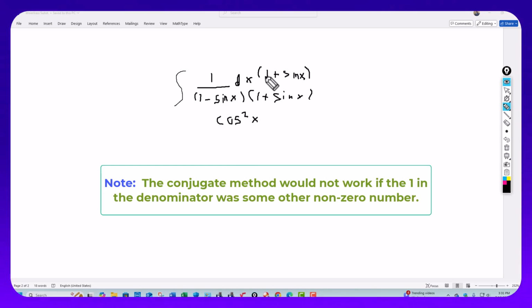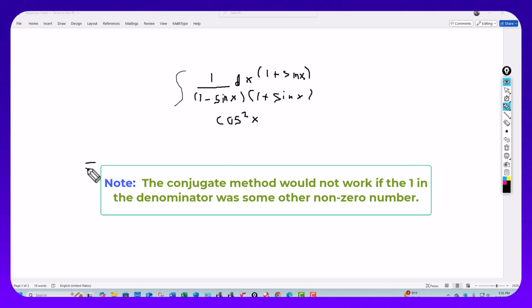Then I would just divide the 1 plus sine of x by each term by cosine squared x. And I actually did this integral in one of the videos that I did a few weeks or maybe months ago. That's going to work fairly straightforward. Just a couple of minutes to solve it.